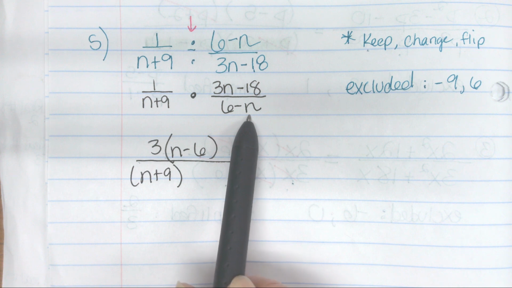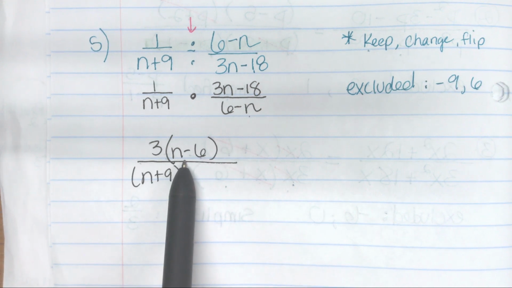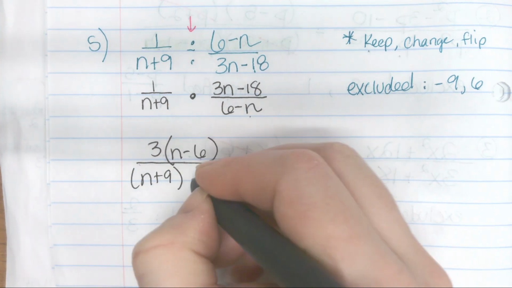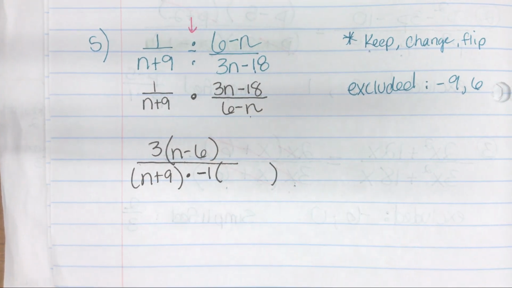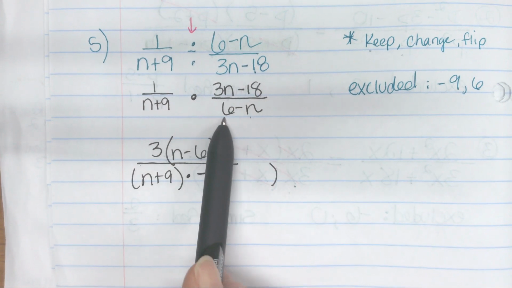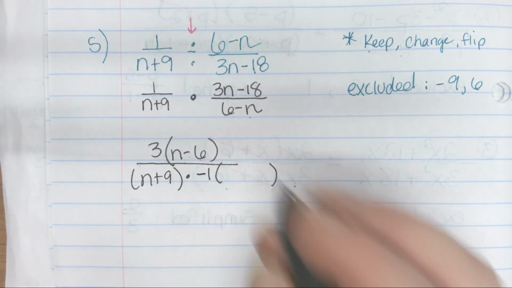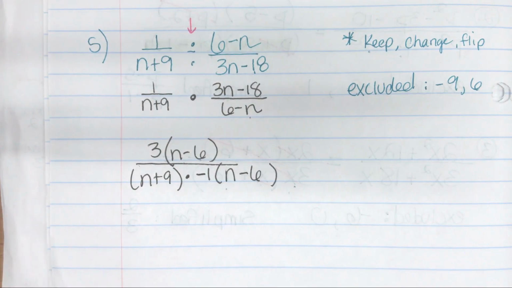Okay? However, I want to make that n be positive. So I am going to take out a factor of -1. You're going to see why in a second. Because if I divide both things by -1, I have -6 and plus n, which is the same thing as n minus 6. Why did I do that?